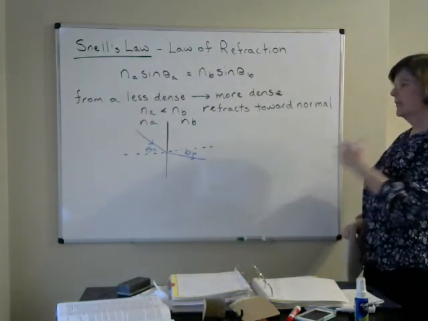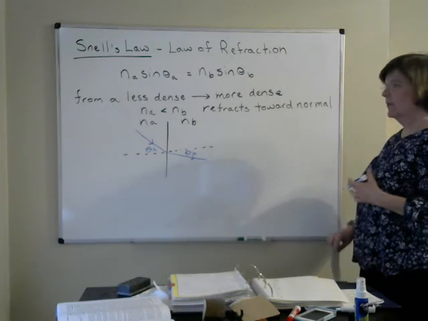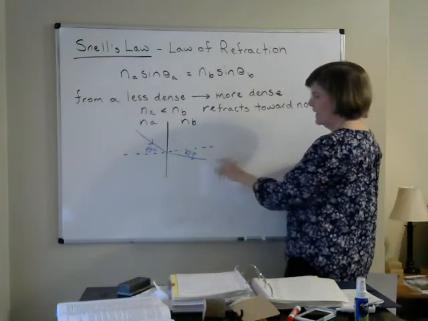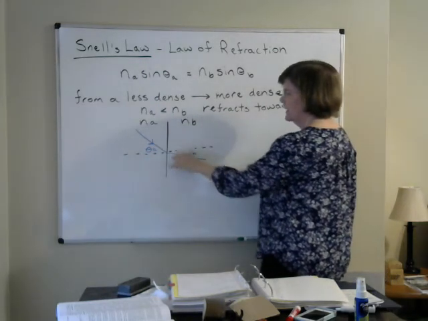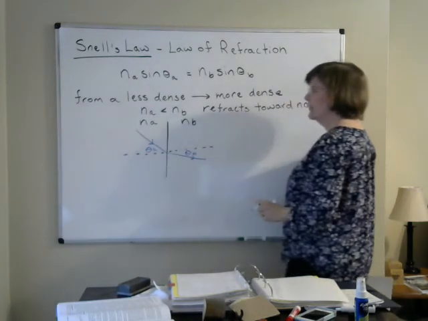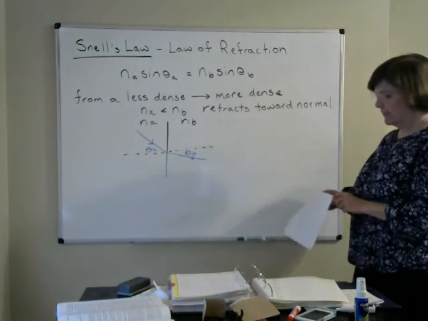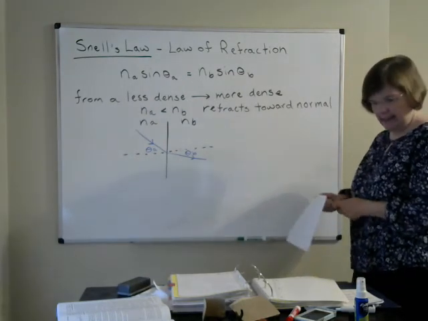Notice earlier I mentioned the fact that paths are reversible. If we go the other direction, if I go from more dense into less dense, it will refract away from the normal. So I can just reverse what we just said.